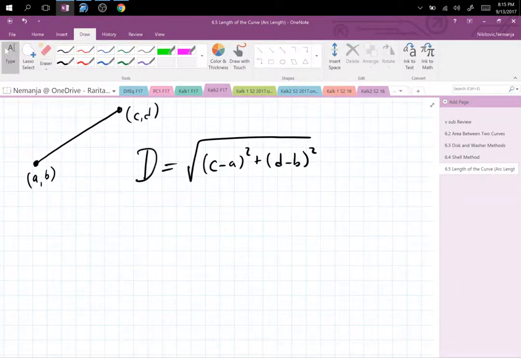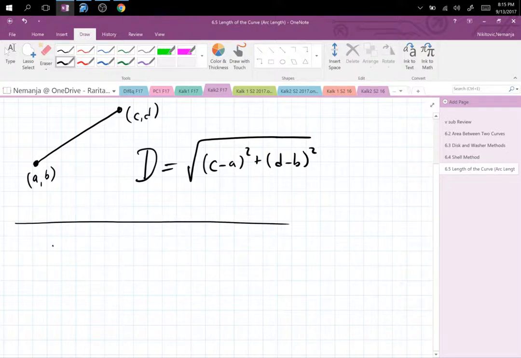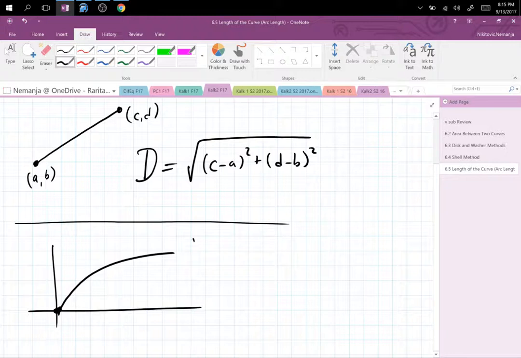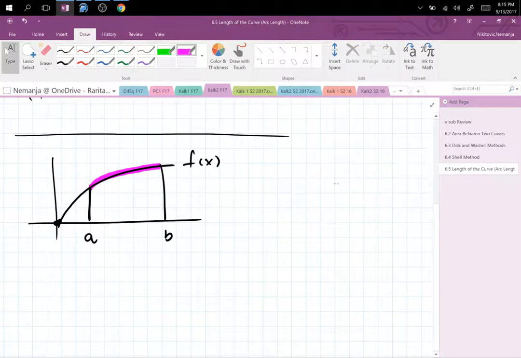But then, say you have a curve, some kind of f of x, and you want to figure out the distance from A to B. You are looking for the length of the pink portion. That's what you're looking for.